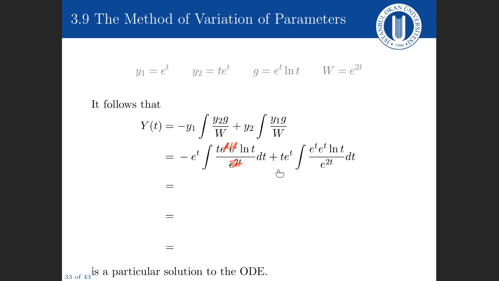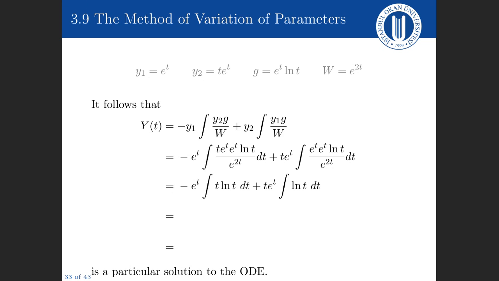And then the second term, t e to the power t, integral of e to the power t, e to the power t, ln t, divided by e to the power 2t. And again, some of these terms are going to cancel: e to the power 2t on the top, e to the power 2t on the bottom.